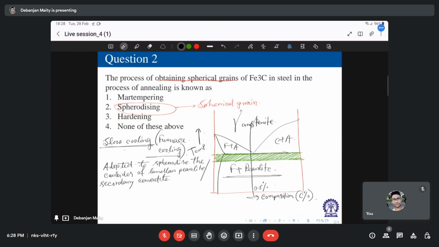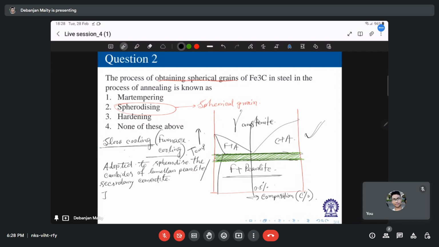As I said in this figure, the heating is done up to slightly below the lower critical temperature, and kept there for a prolonged time. What is the purpose of spheroidized annealing? You want to improve the machinability always, and in some cases to improve the cold formability also.